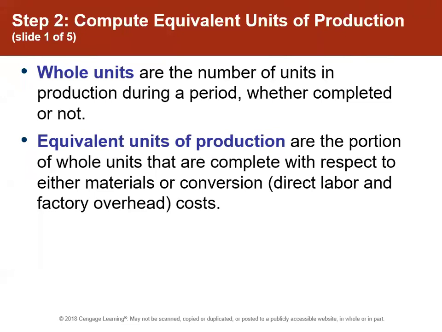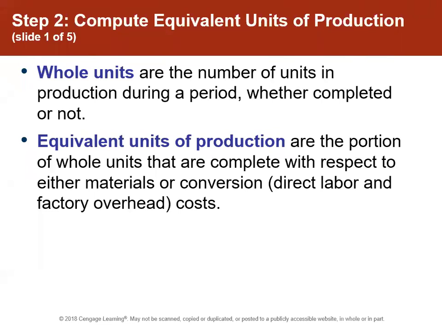What that means is, given the labor and overhead that was added, well, really materials too, materials, labor, and overhead, given the costs that were added in the period, how many whole units could we have completed? Okay, that's what equivalent units of production means. If we had finished everything that we had added enough labor and overhead for, what would we have finished?